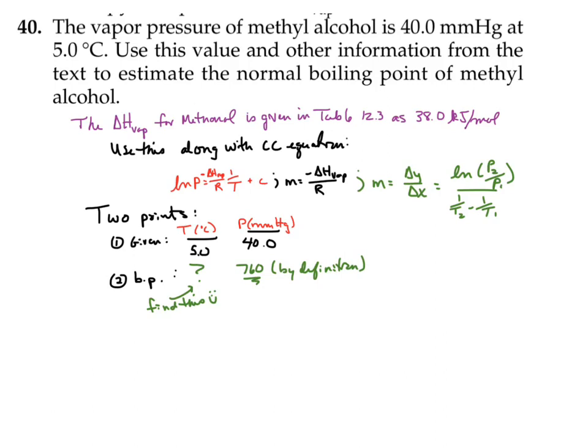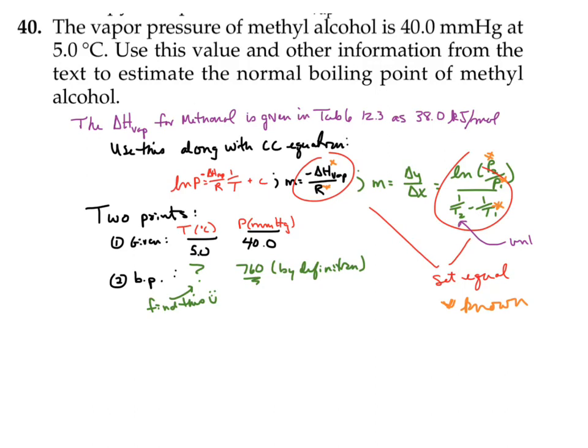So that's where that comes in, and this is the unknown. So then basically we have the negative heat of vaporization over R is equal to this mess, and we know all of that stuff, and we know everything but T2. That's your hint.